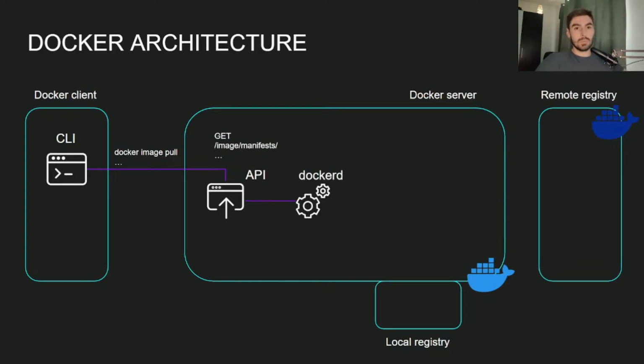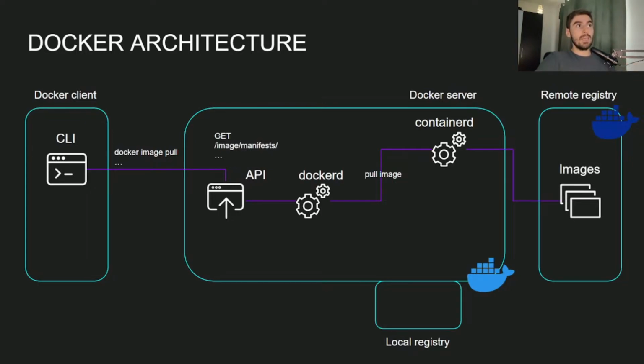This component, the dockerd, because it's an image pull command, it actually talks to the underlying structure called containerd, because that's its role. Containerd's role is to look at images and manage them and pull them. And it will initially check, as I said, if the image is in the local registry.